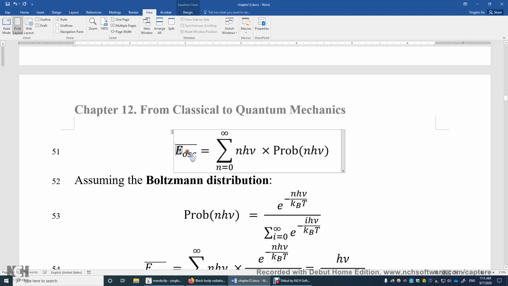Now, how do we get the average? Well, this is from the theory of probability. If we have different energies, each energy has an associated probability. We just need to sum it up. This is the so-called probability weighted average. Let me give you one example. Let's say you bought a lottery ticket.